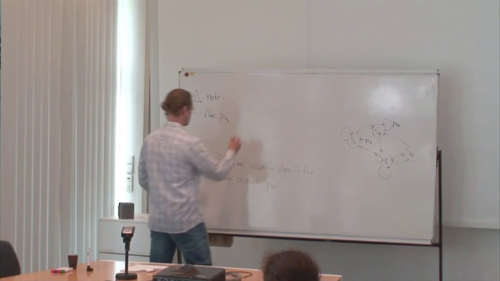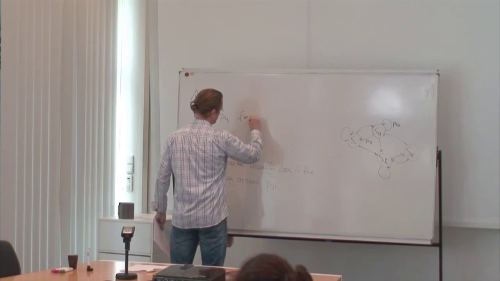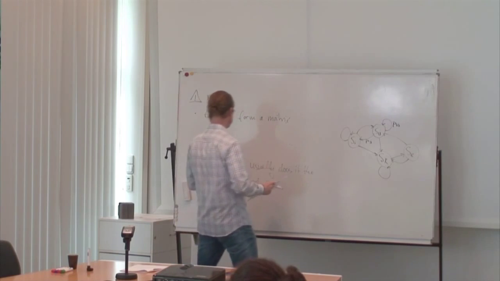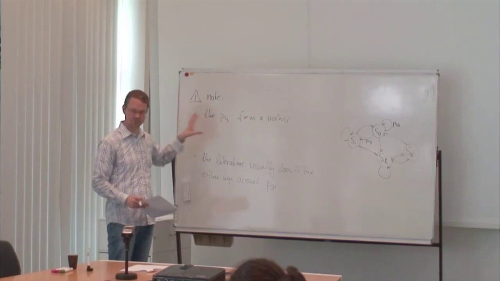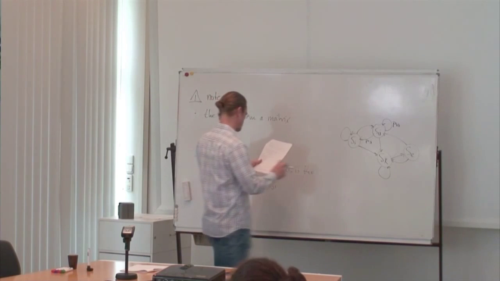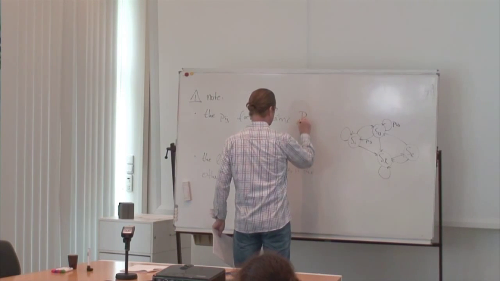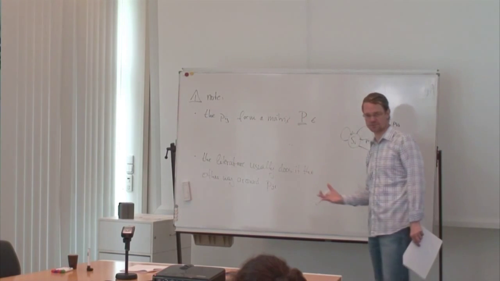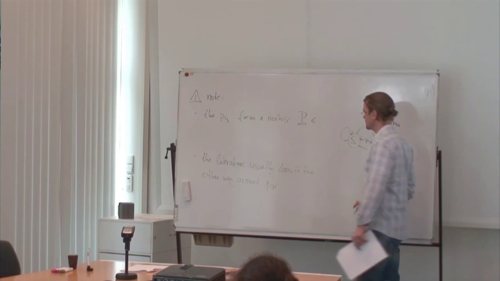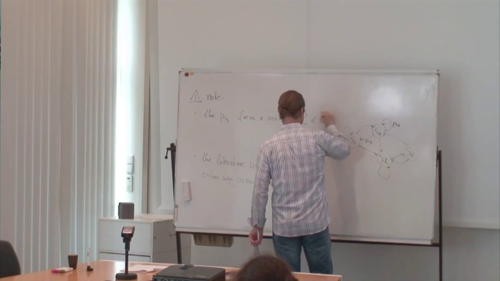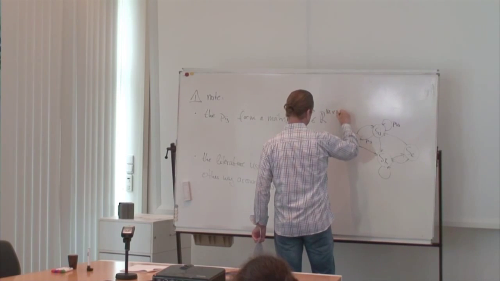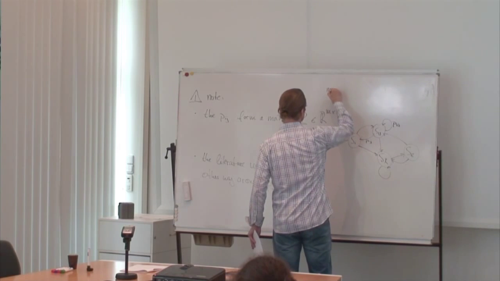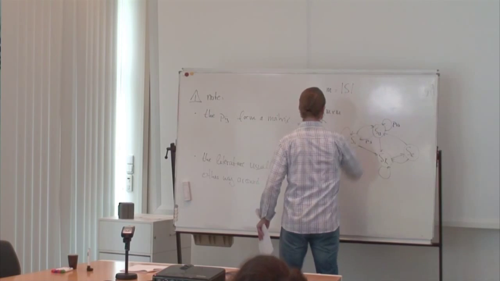These numbers form a matrix. In a sense, obviously, right? Because it's a collection of numbers with two indices. Let me call it matrix P. And if we have m different states in the set S, then this is a matrix of dimensions m by m, where m denotes the number of elements in S.